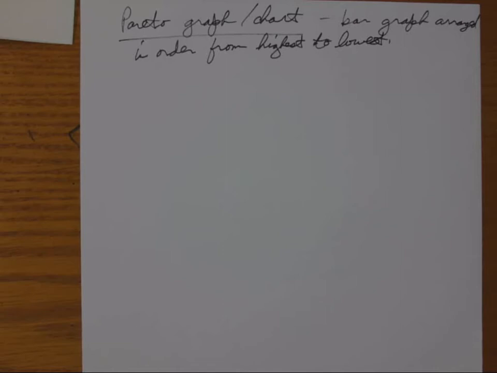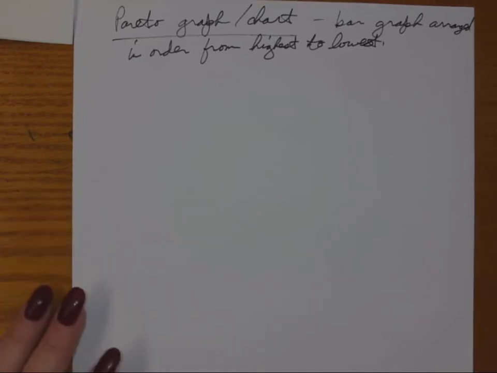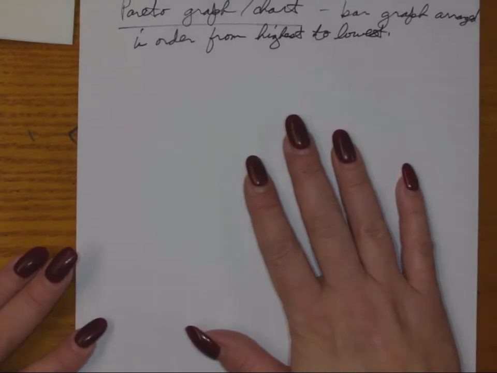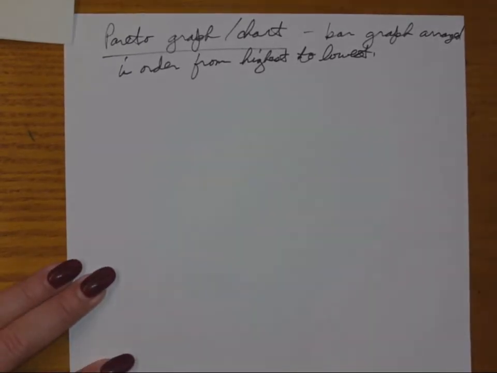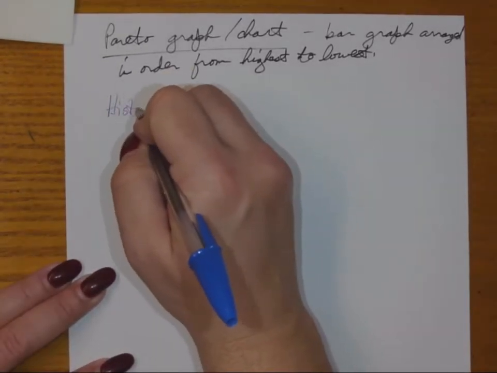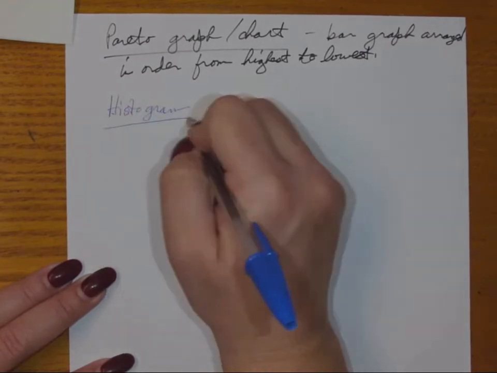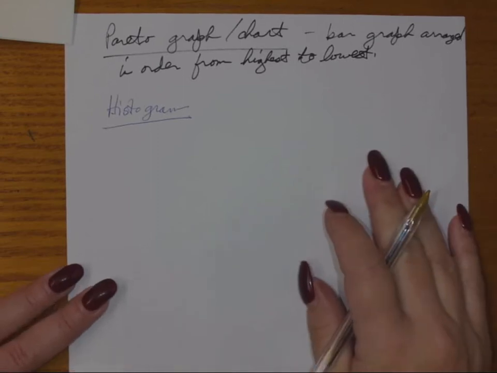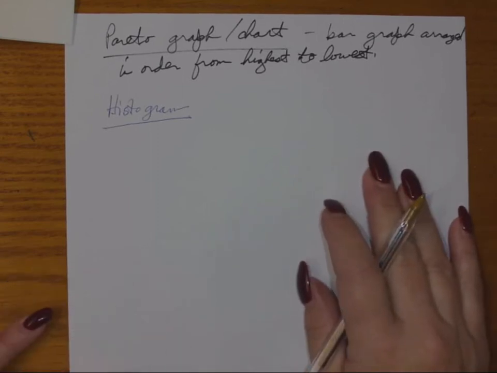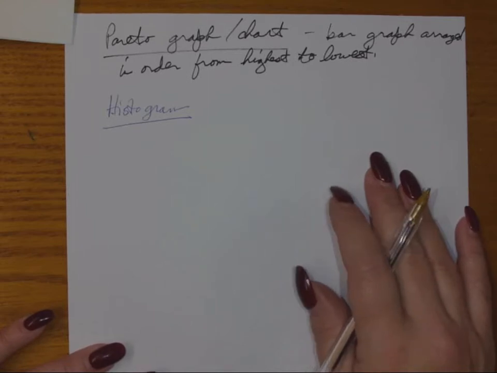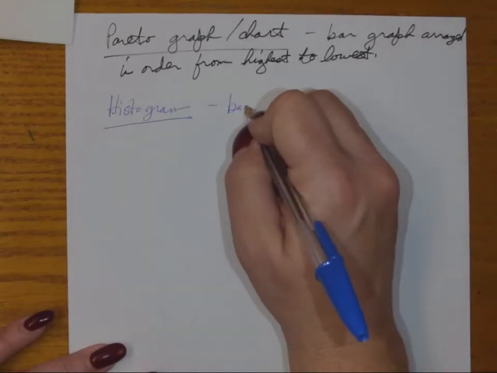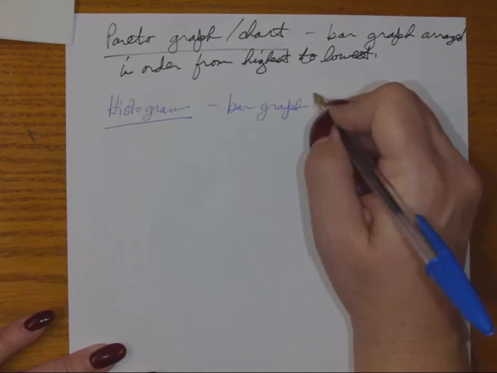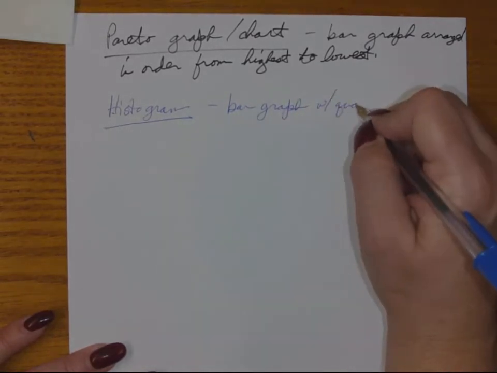Okay, what else? There is something that's similar to these Paretos and bar charts, and it's called a histogram. What I've noticed is that sometimes it's not difficult to know the difference, but sometimes people get mixed up. So a histogram is a bar chart, bar graph, and it has quantitative data.